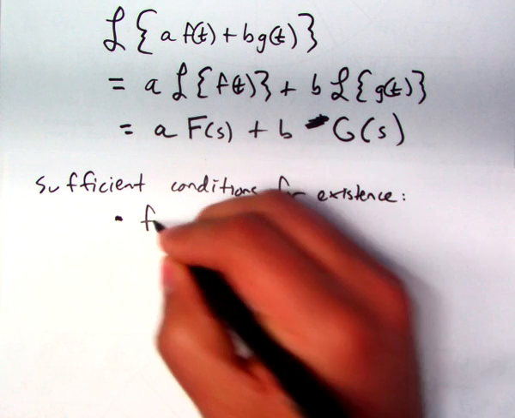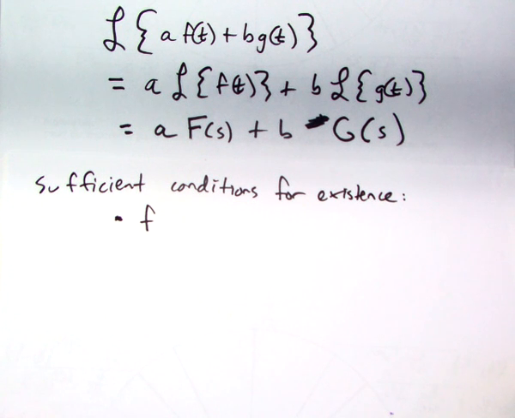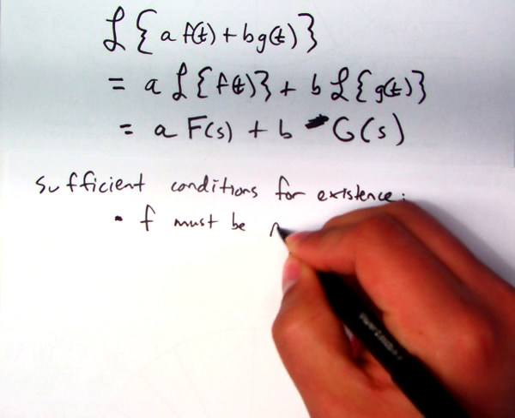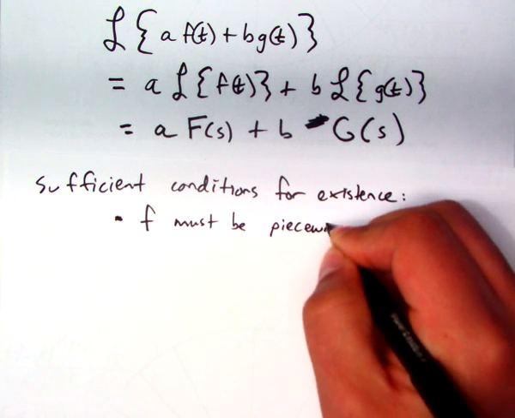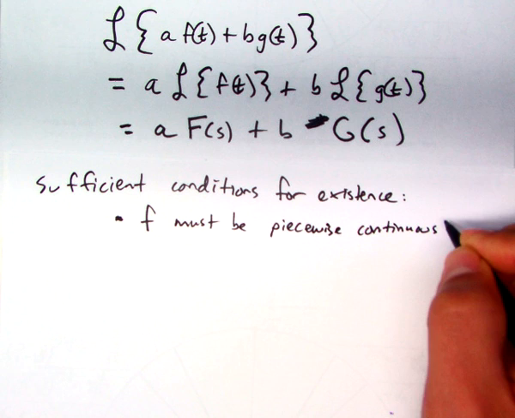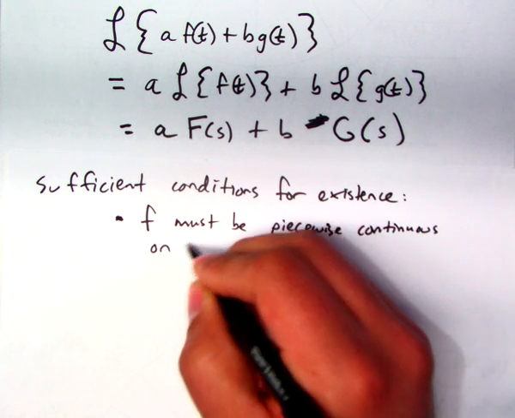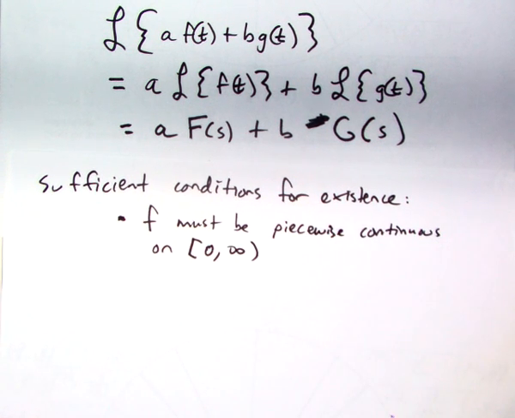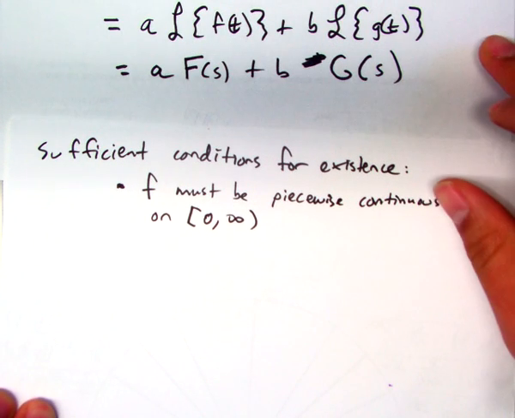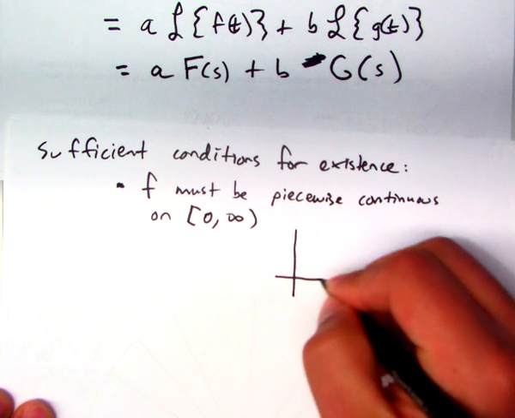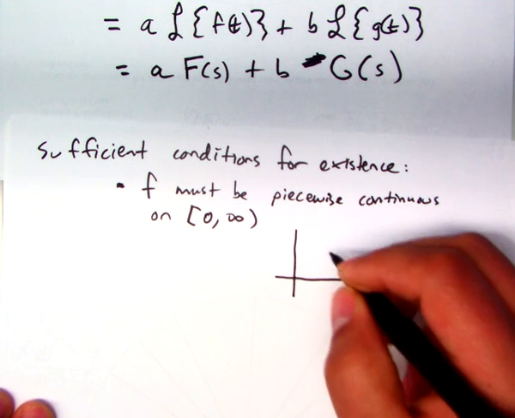So the function f that we are transforming must be piecewise continuous on the interval from 0 to infinity. And all that means is that we are allowed to have a piecewise defined function.